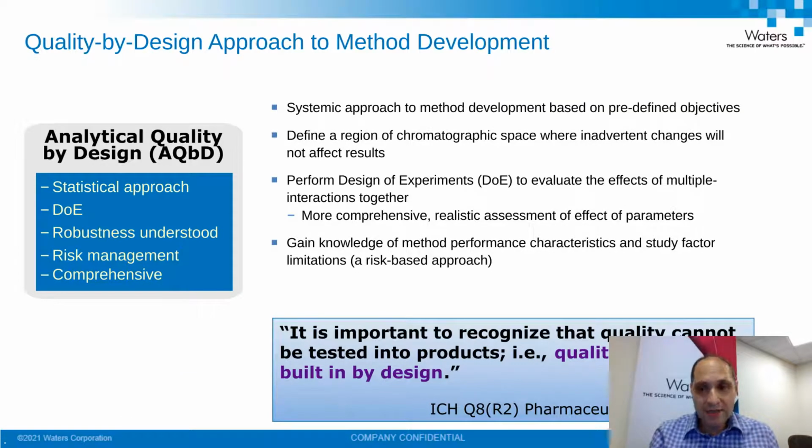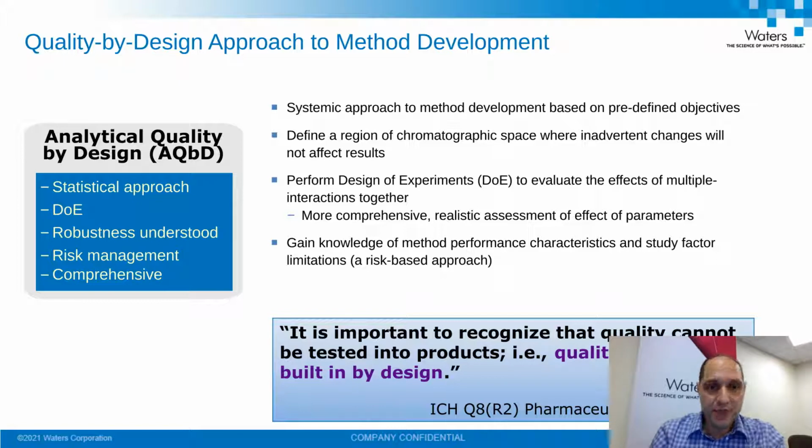While there are many ways to develop analytical methods, the focus of this presentation is on implementing analytical quality by design for developing methods. The analytical quality by design is a systematic approach to method development that starts with predefined objectives.